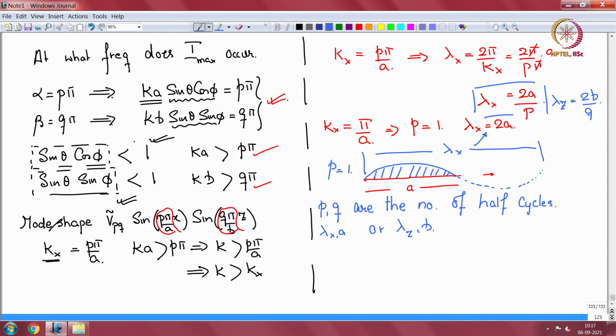So, lambda x is twice a by p and lambda z is twice b by q. So, now getting back to our criterion, the maximum now occurs when k is greater than kx. Similarly, when kb is greater than q pi, which implies that k is greater than q pi by b, which implies k is greater than kz. So, again what are we heading towards?